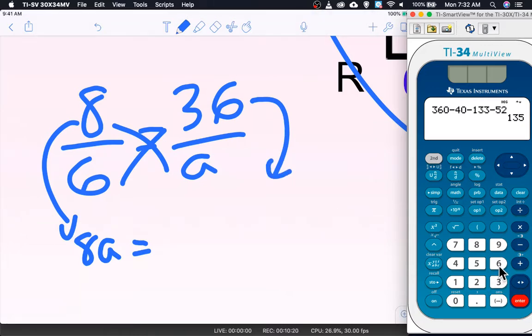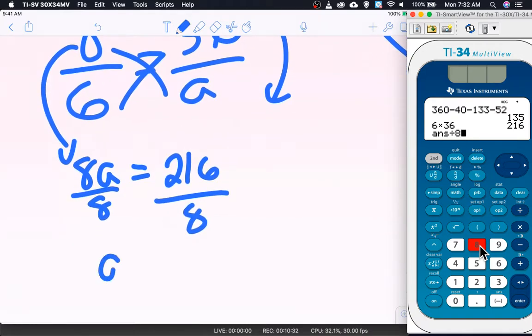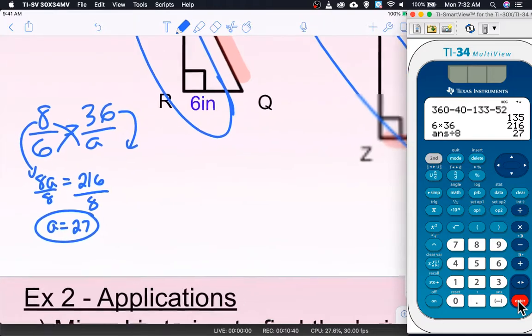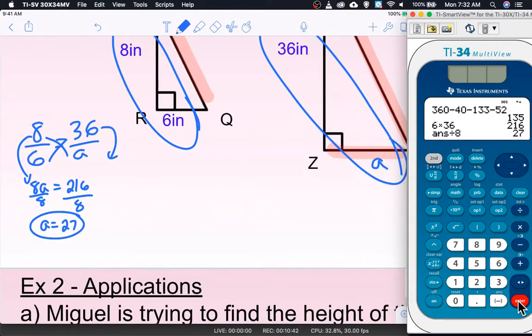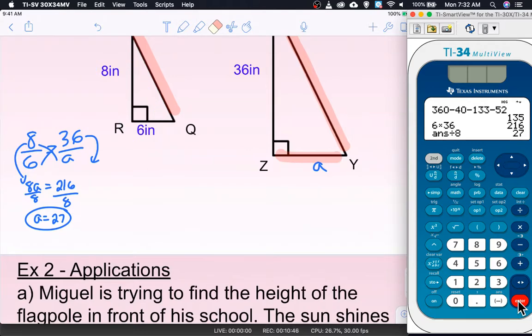I'm pretty sure that's 216. 6 times 36, 216. And then we're going to divide both sides by 8 to solve this equation. And we get A equals 27. So we now have one of our sides.